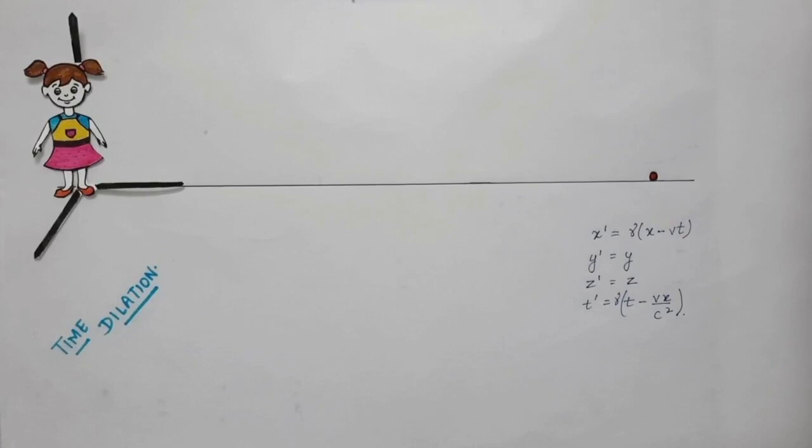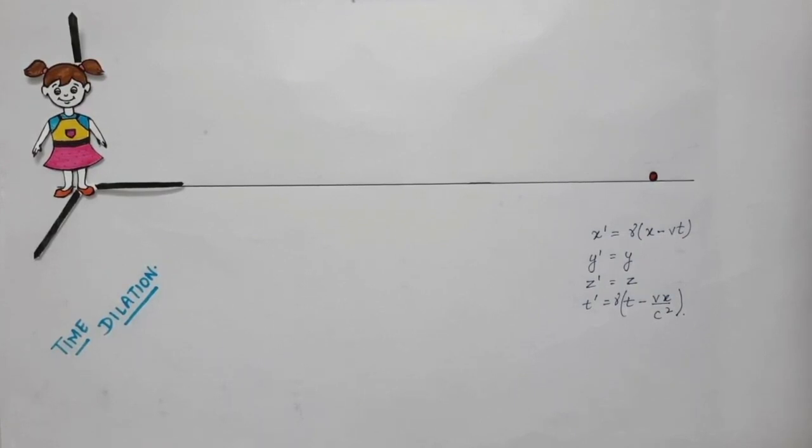The length that you measure will be less than its proper length. Proper length is the length you measure when the object is at rest with respect to you. So length gets contracted when the object is moving.